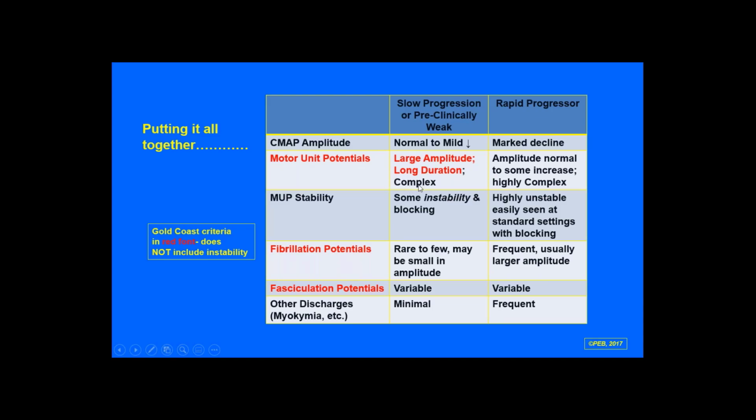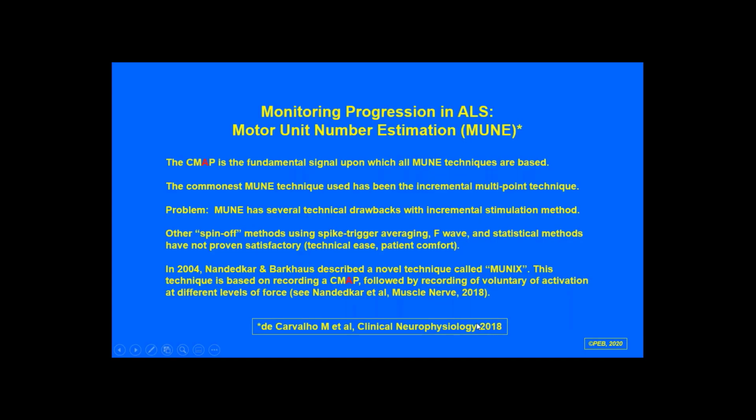Complexity doesn't count. MUP stability is certainly worth looking at, but doesn't count. Fibrillation potentials and fasciculation potentials, of course, do count, and other odds and ends phenomena, myokymia, myotonic discharges, I should say, and CRDs are not common, but sometimes we see them, especially in the rapid progressors.